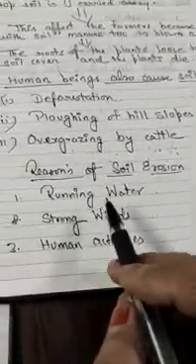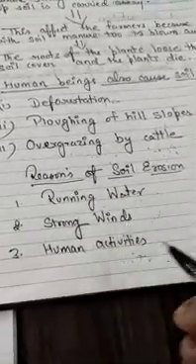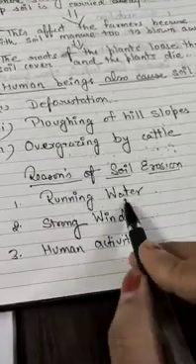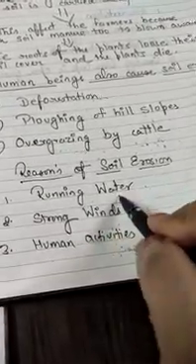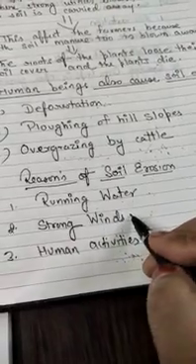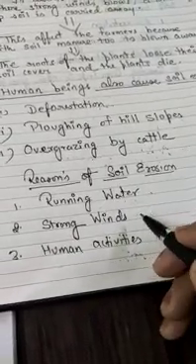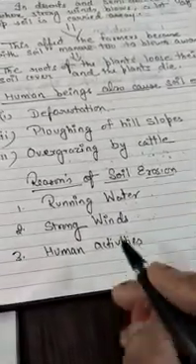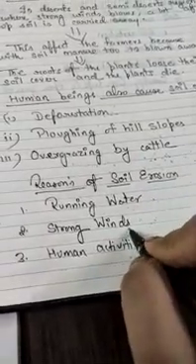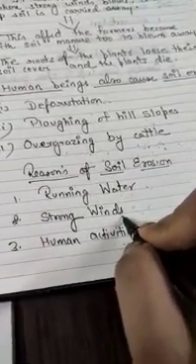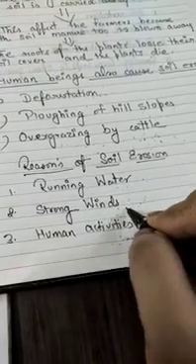So basically the reasons of soil erosion are three: running water, strong winds and human activities. Running water, the water of flood or heavy rainfall. Strong winds, which blow in deserts or semi-desert regions, take the topsoil as well as the fertilizers or manures added with it.